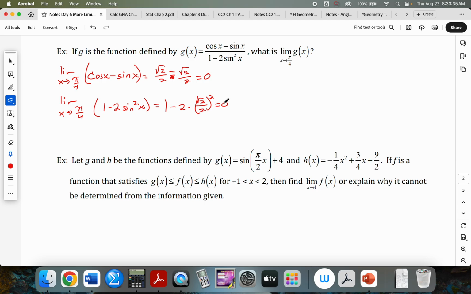The other possibility is maybe I could multiply by a conjugate that would be helpful. If I multiply the top and bottom by cosine of x plus sine of x, I'm going to end up with cosine squared minus sine squared on the top. That doesn't seem very helpful. If I multiply by 1 plus 2 sine squared x, oh gosh, that's going to end up being 1 minus 4 sine to the 4th x.